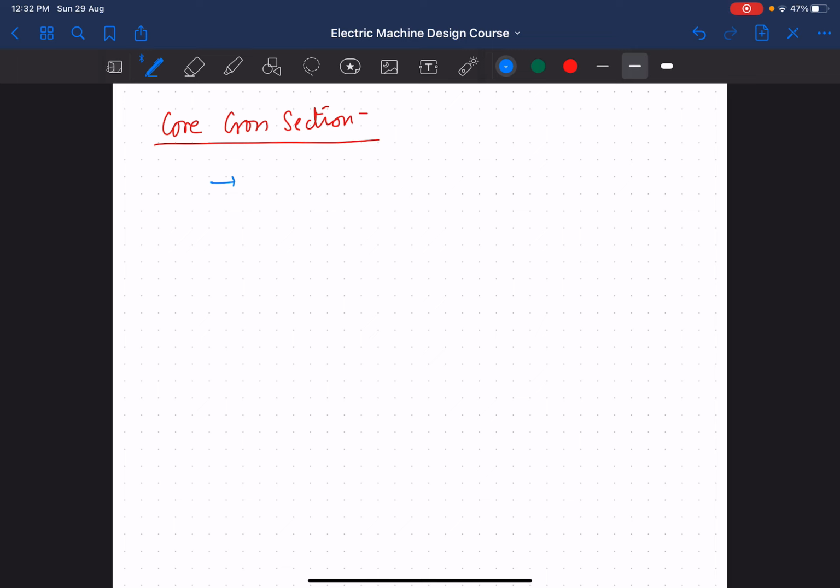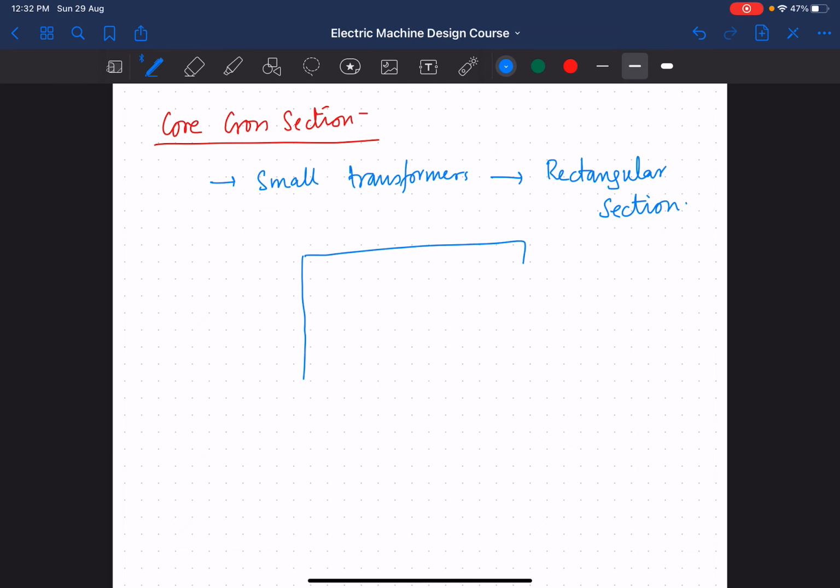For small transformers, they have a rectangular section, right? By rectangular section I mean that if you take a look at a small transformer from the front, it will look something like this. The front view of the core is going to look something like this, like a rectangle.